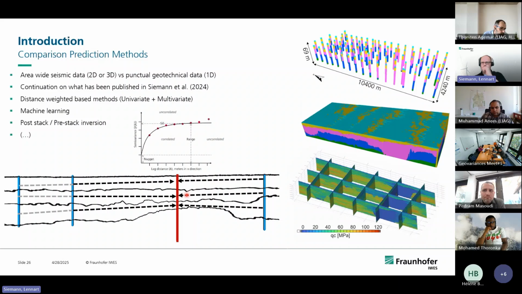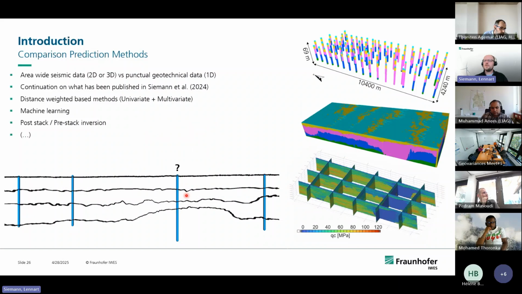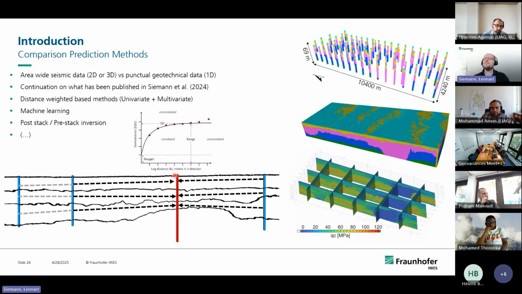We create or predict CPT profiles at known locations where we have the CPT measurement, but we leave it out for the prediction and then compare it later. And in our case, since we're talking about kriging or simulation, we are talking about variogram-based prediction.